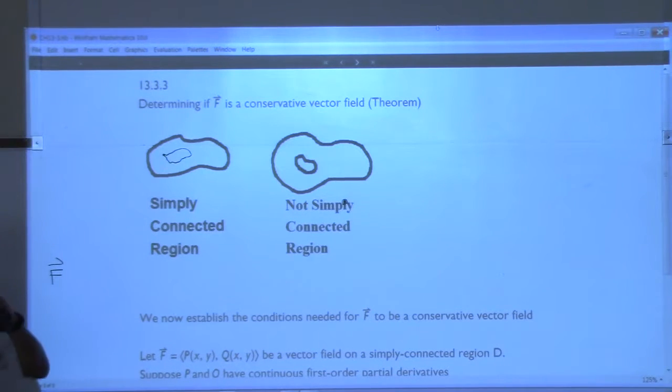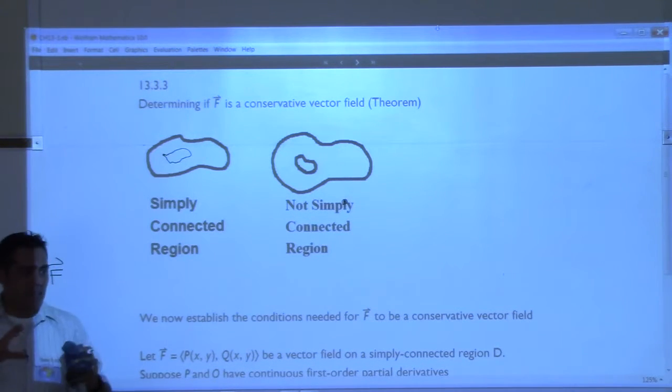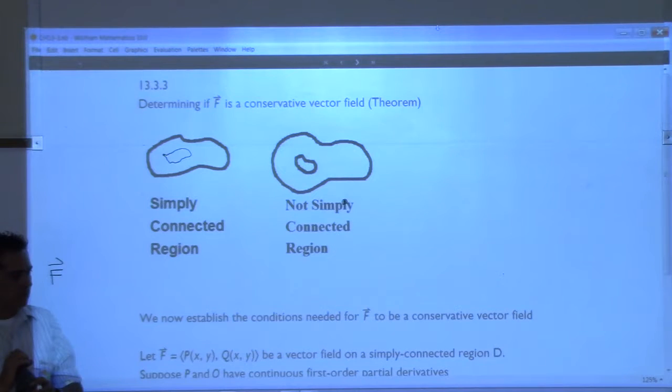If I shrink that path down to a point, as I'm shrinking it, this rubber band always stays inside the region. And that holds for any rubber band I ever draw.